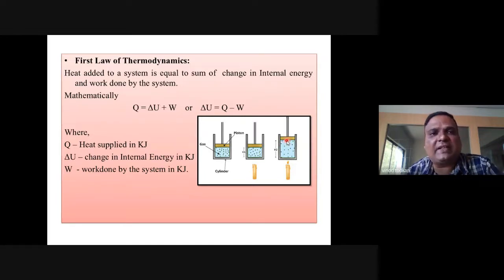So if I apply the energy balance equation, three energies are there: heat energy, work energy, and internal energy. So simply 100 is equal to 60 plus 40. Simply I have applied the law of conservation of energy. So if energy given is Q, and energy at the output is W and delta U, what will be the relation between Q, W and delta U?